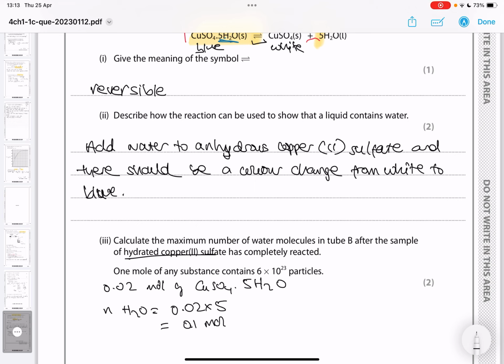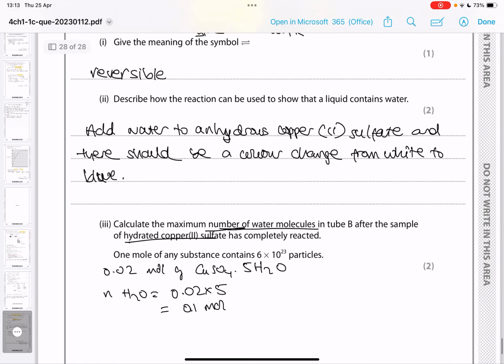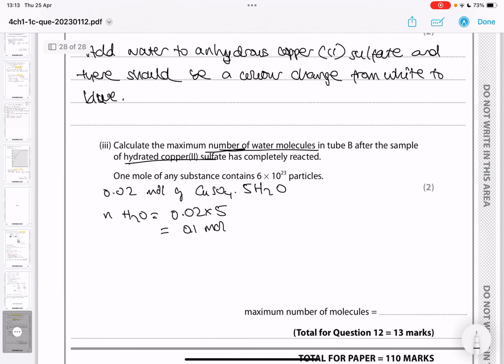Okay? Now, we know it's not asking for moles. You have to read the question carefully. It's asking for the number of water molecules. And what they told us is that 1 mole of any substance is 6 times 10 to the 23 particles. So we need to work out how many particles is 0.1 moles.